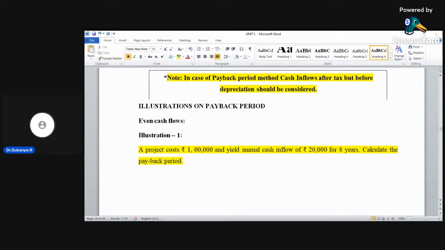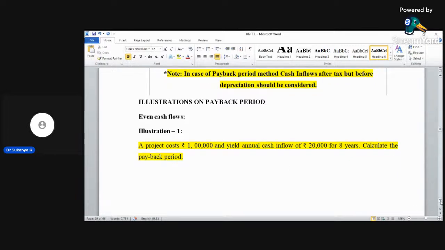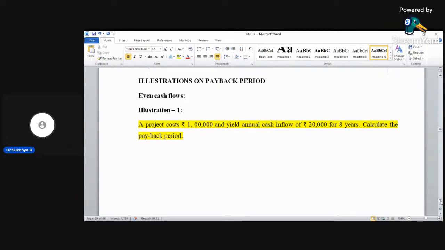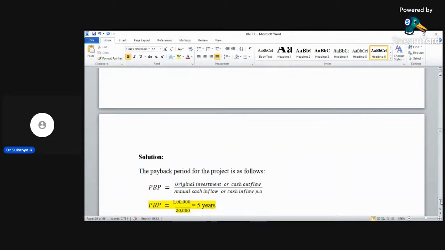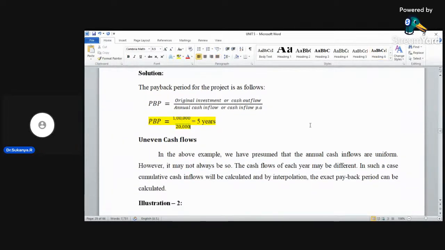So let us start with the first problem. A project costs rupees 1 lakh and yields annual cash flow of 20,000 for 8 years. Calculate the payback period. Dear students, since the cash inflows are uniform, that means for every year the cash inflow is 20,000 rupees, you can calculate payback period using this formula: payback period is equal to original investment divided by annual cash flows.